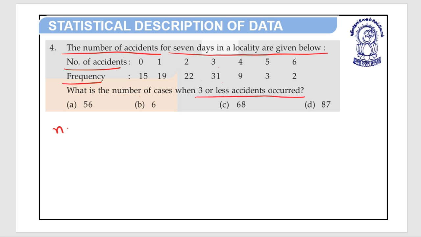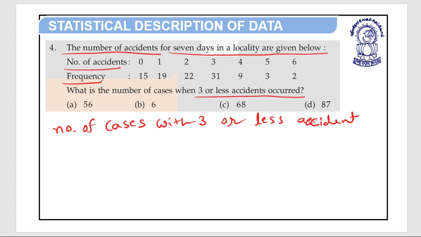Number of cases with 3 or less accidents is equal to the number of cases with 3 or less.